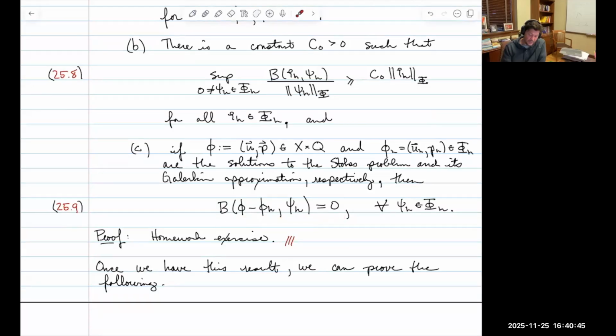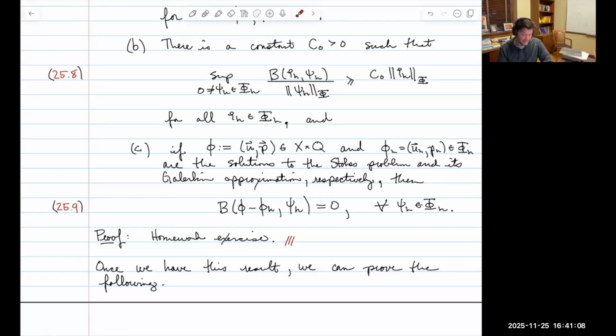It's not hard to show, because it should follow from something like the pseudo orthogonality property that we had above. Now, why is this one going to be more useful to us? Well, we'll see why when we go to prove the next result.